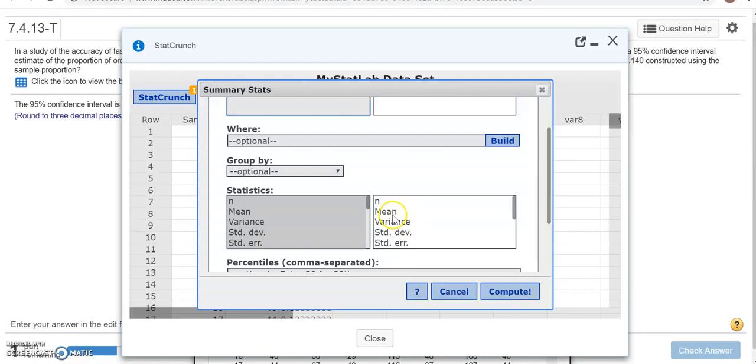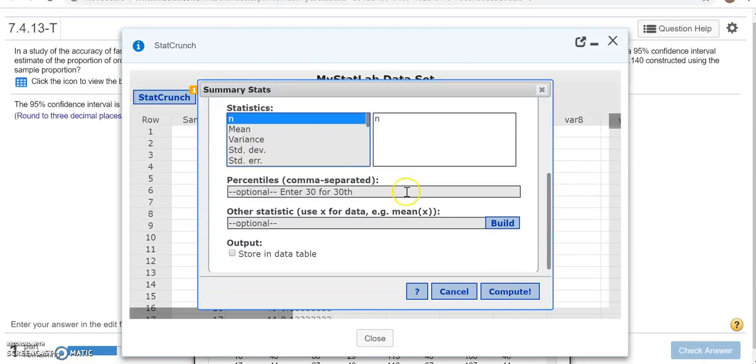I won't be needing those, so I can just unselect most of them. In the percentile section, I need to put in those two percentiles that I wanted. That was the 2.5th percentile, then separated with a comma, the 97.5th percentile. And I will click Compute.